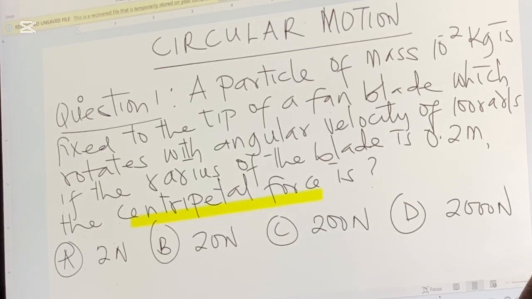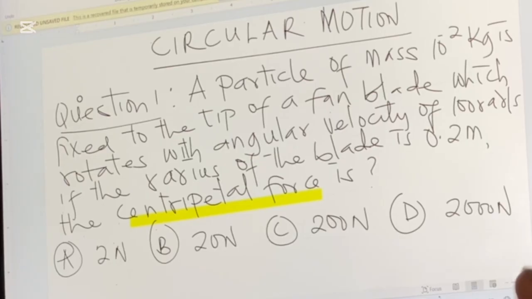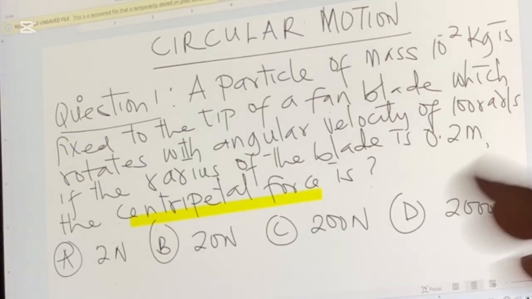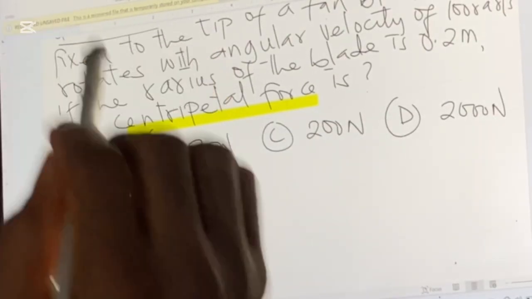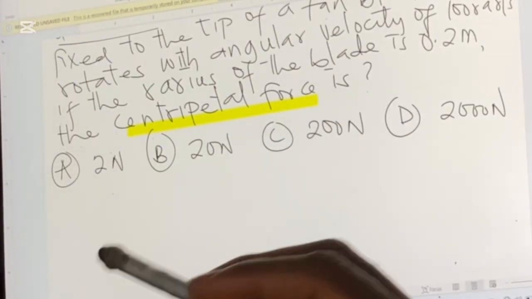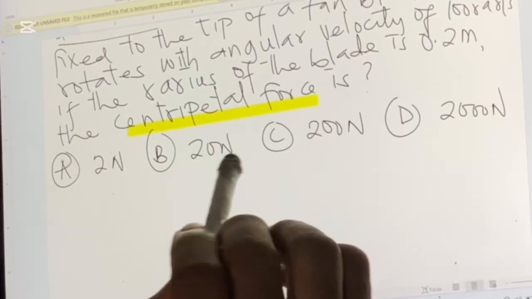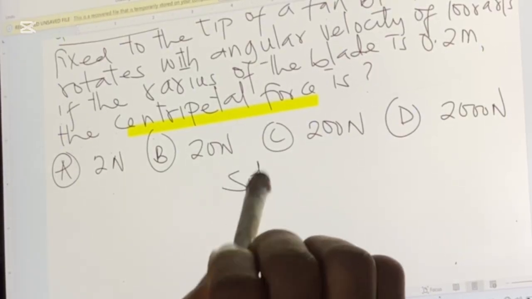Of course, the definition of centripetal force is a force towards the center. But the mathematical formula for that is this. Before we write down the mathematical formula, let's write down the solution first. Solution.